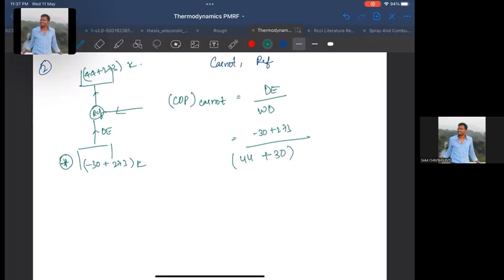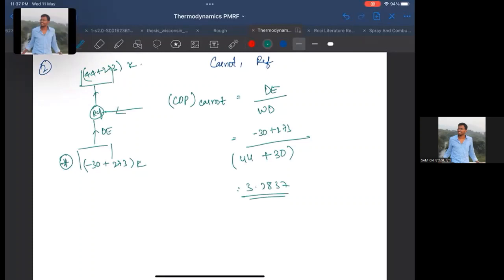Because temperature difference, I have removed the 273. So on calculation, it gives 3.2837.